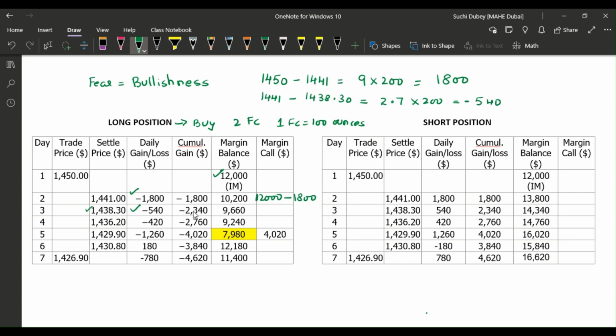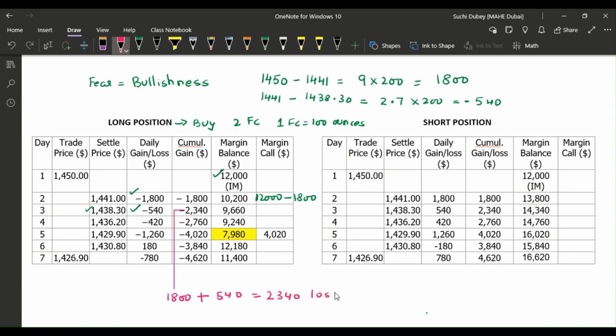Cumulative, on what basis are we getting this 2340? Let me show you this. Earlier I had a loss of 1,800, plus again I had a loss of 540, which together means 2340.